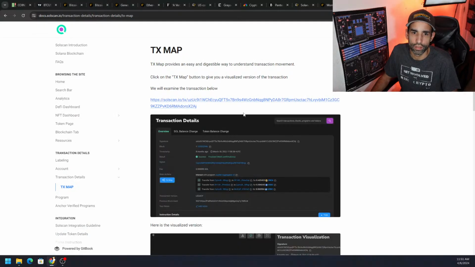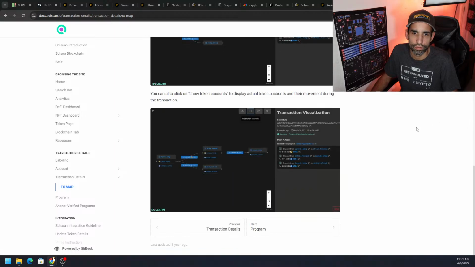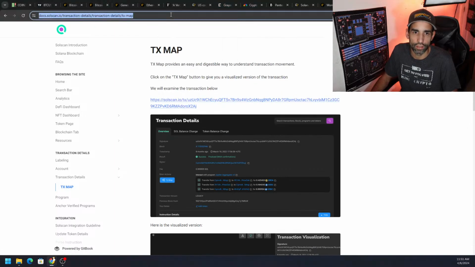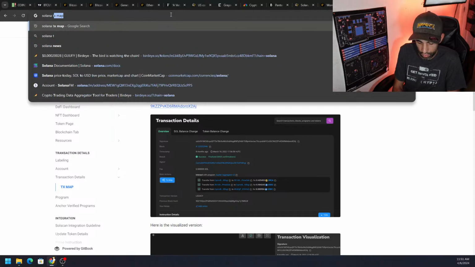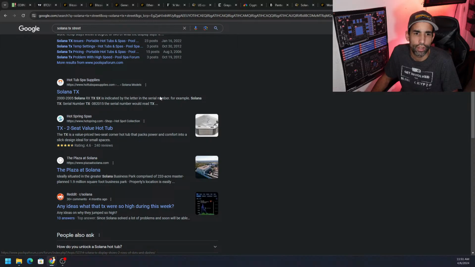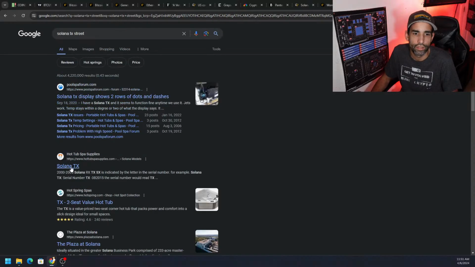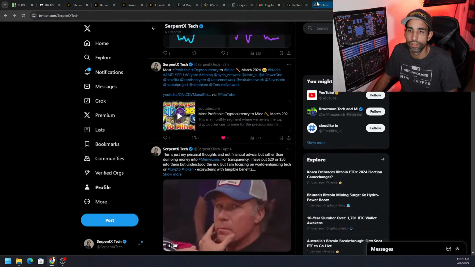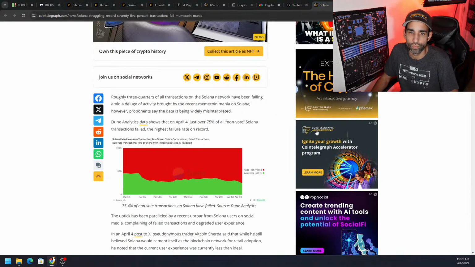Solscan. Okay, I didn't mean map like that. Solana Transaction Street. Did they not have one? Hey, Solana TX, hot tub supplies. Anyways, going back to where we were.